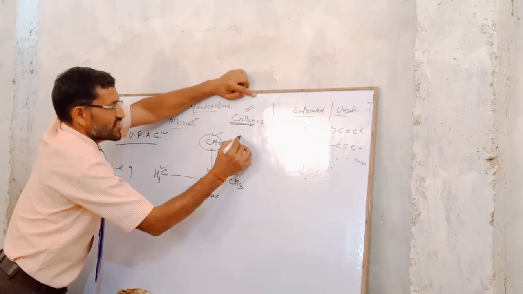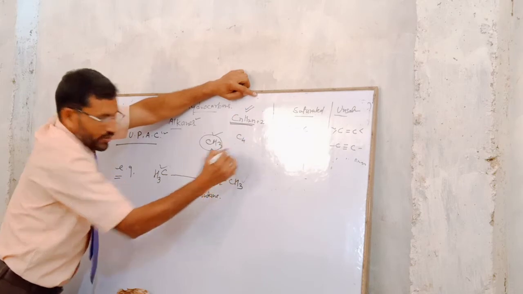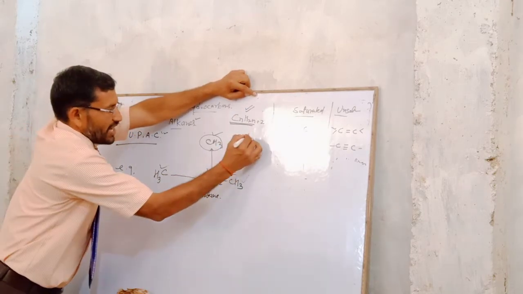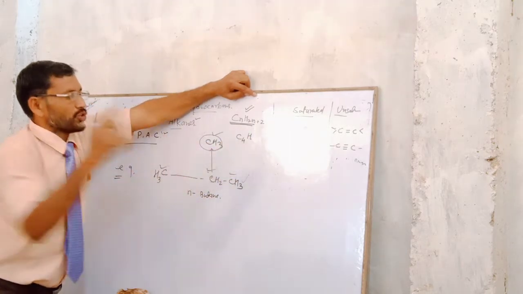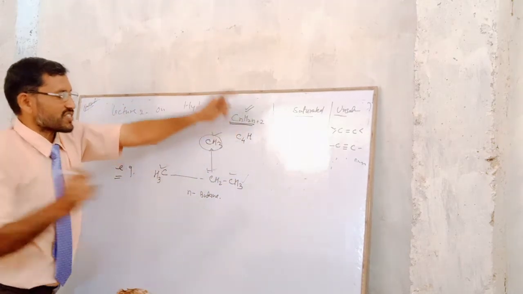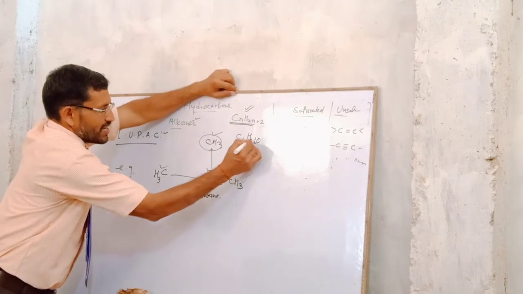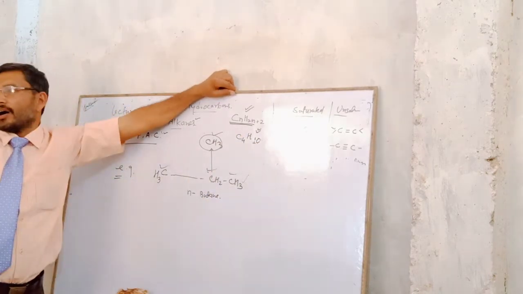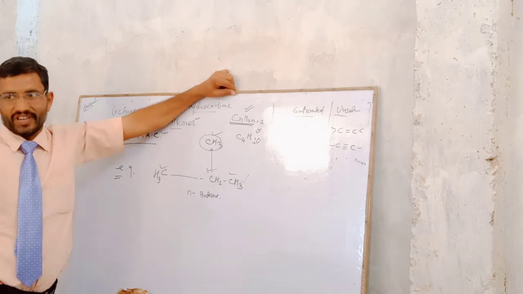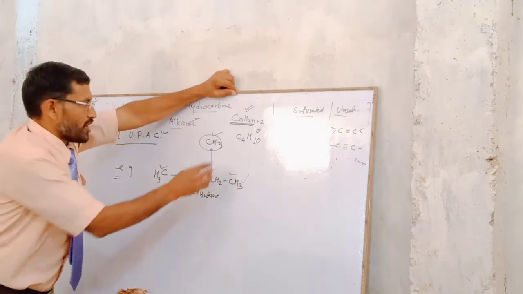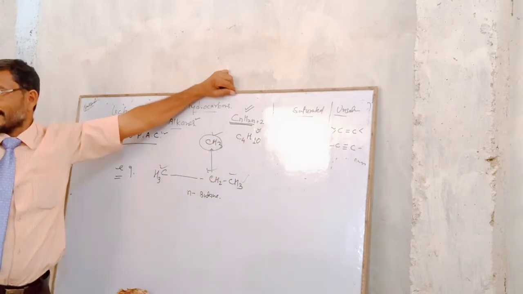For butane, C4H, how many hydrogens? 4 into 2 is 8, plus 2, that is 10. So this is the formula for butane. So the molecular formula for butane is C4H10.